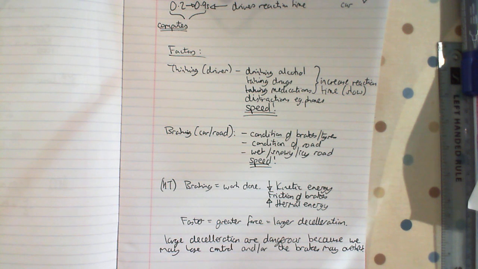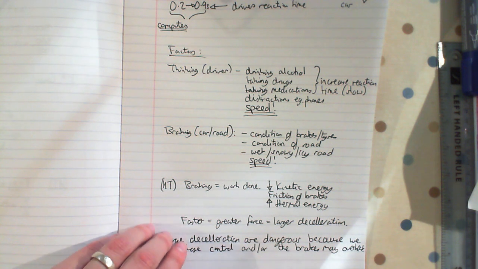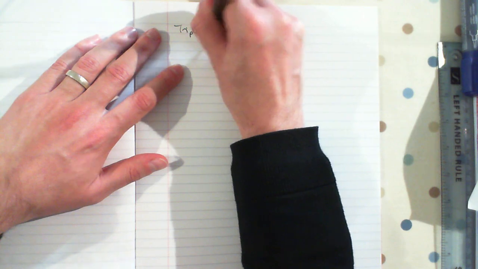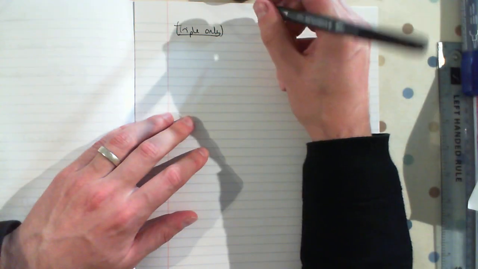So that's it for combined science. Triple physicists, keep watching because there's a bit more for you. So this is triple only. And triple only, you need to be able to estimate the forces and braking distances. So to do this, we can work out kinetic energy.